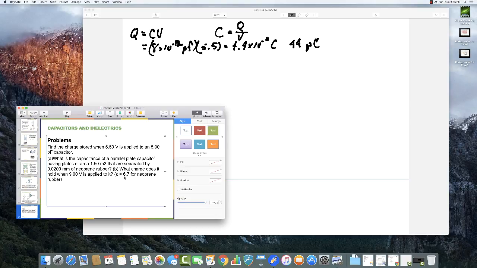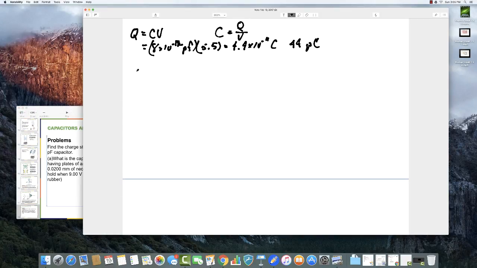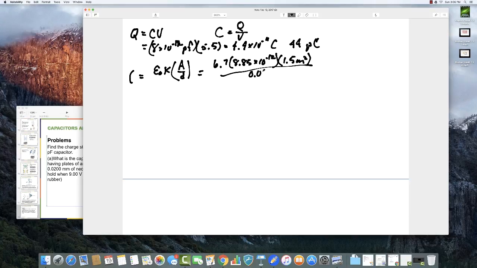Well, we remember that capacitance is equal to E0 K times A over D. So that's going to equal 6.7, and E0 was 8.85 times 10 to the minus 12, and the area was 1.5 meters squared. All of that divided by 0.02 times 10 to the minus 3 meters.